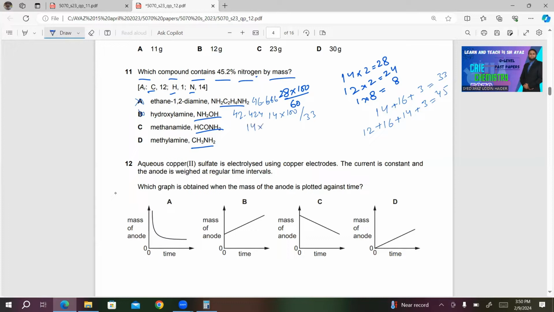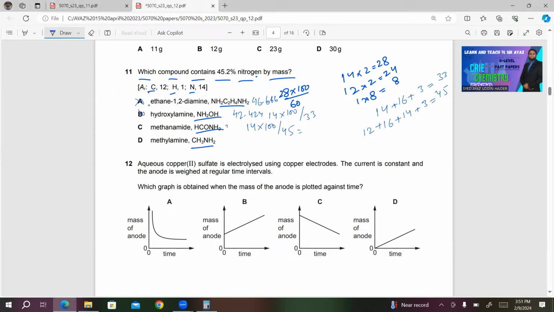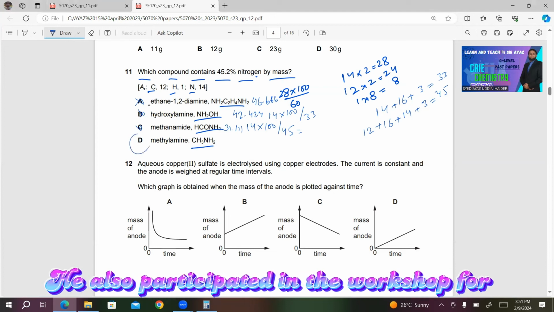So 14 multiplied by 100 divided by 45. Answer is 31.111. This is wrong. So obviously choice D is the right answer. So D will be the right choice.